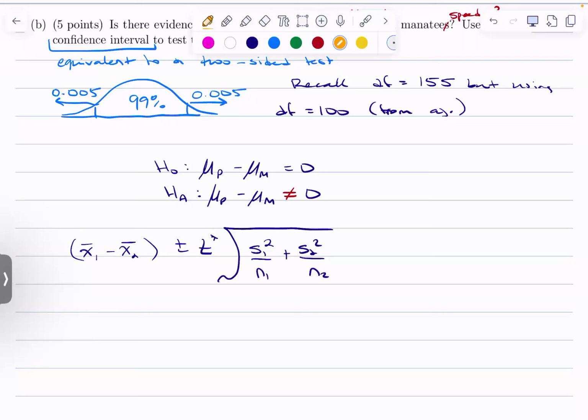I'm going to say, recall that this whole standard error is stored in A on my calculator, but I'm going to reuse that so I don't have to actually do that math again.